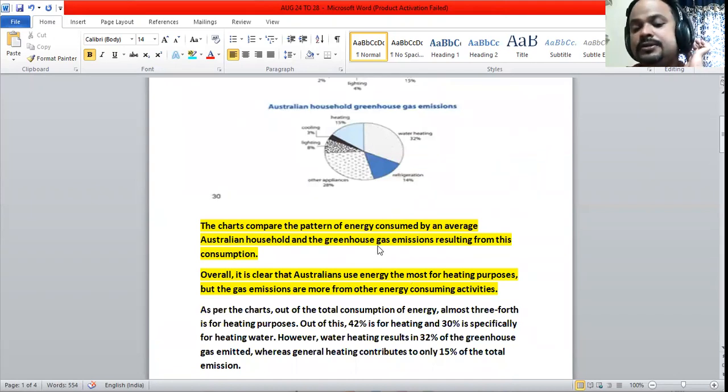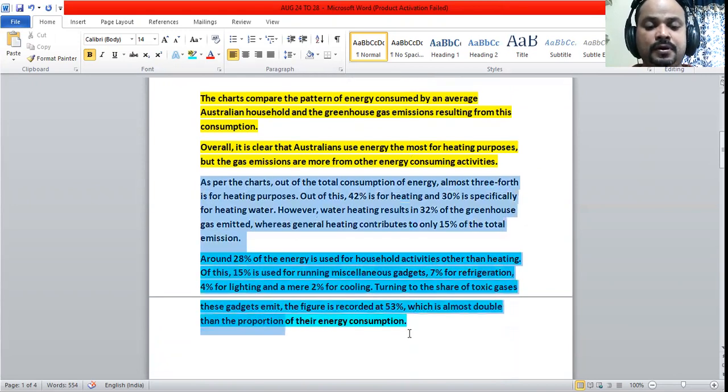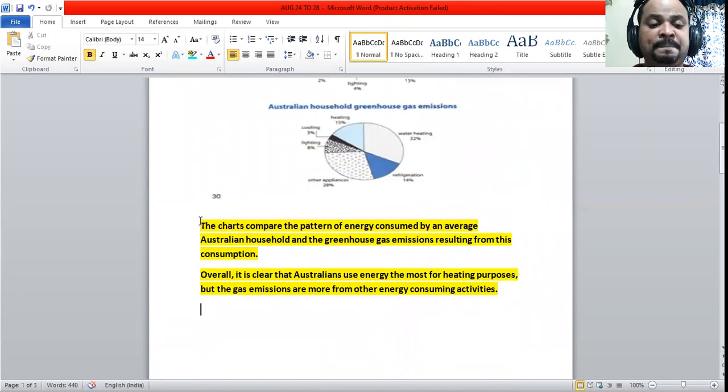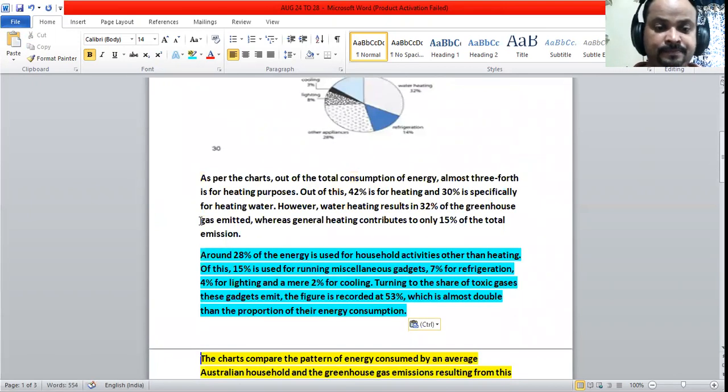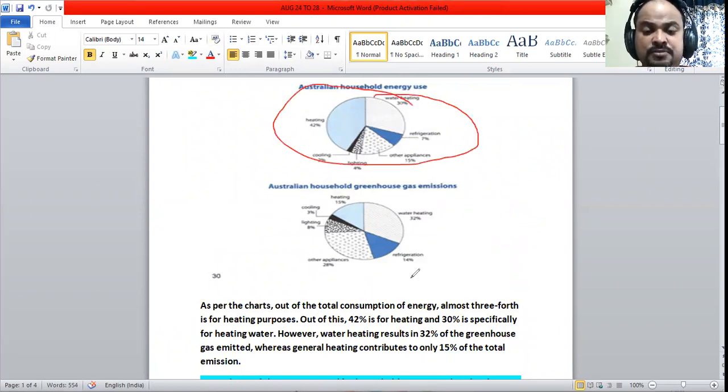As per the charts, out of the total consumption of energy, almost 3/4 is for heating purposes.